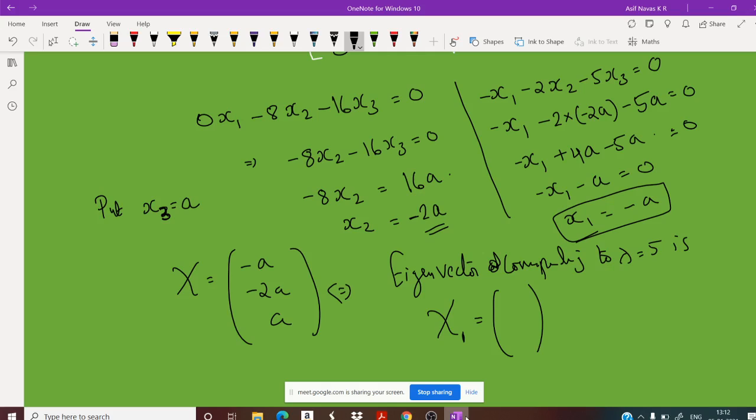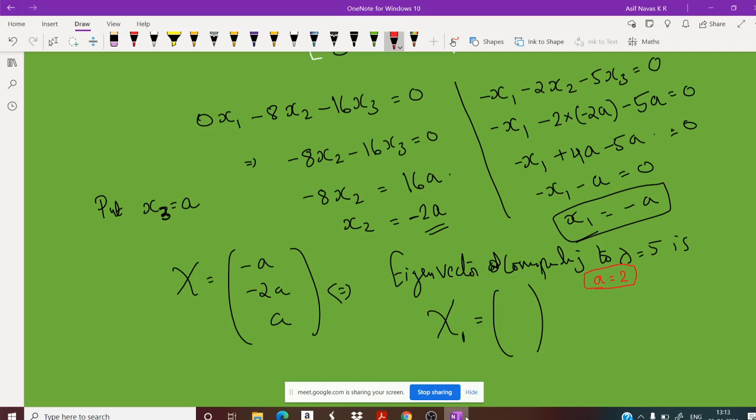You can give any arbitrary value for it. What value can you give?